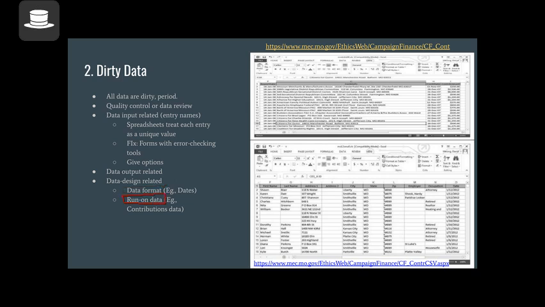What run on data means is, let's say, the information about a ticket that you receive, a speeding ticket. That information is gathered, and if you look at the form, you'll see the name, date, time, your address, and everything else.